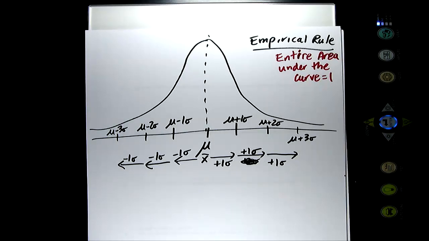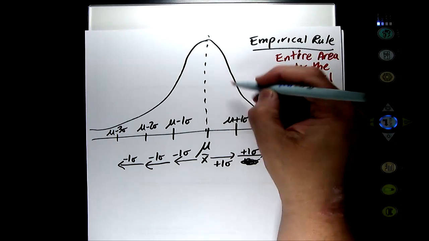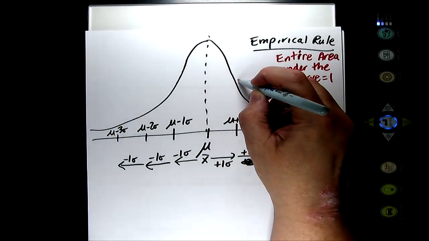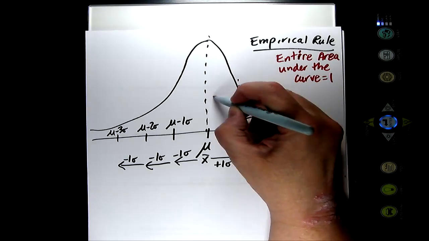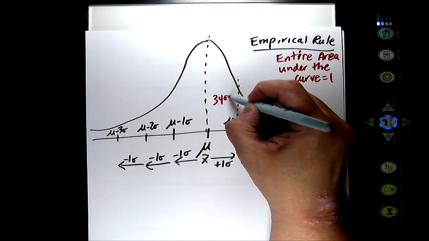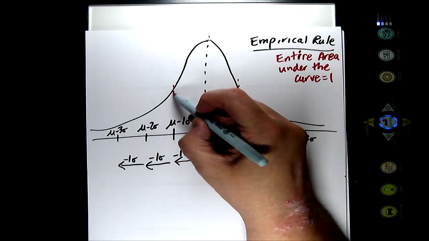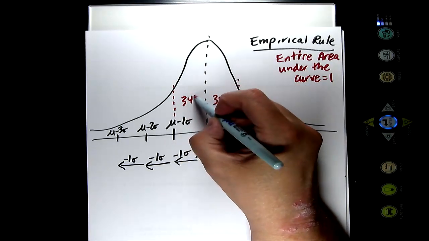But no matter what happens here, whether we have a tall standard deviation or a short deviation, between mu and mu plus 1, 34% of the data is right there, and 34% is over here.